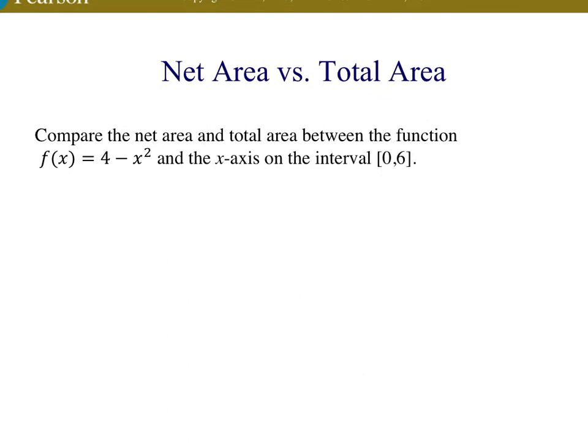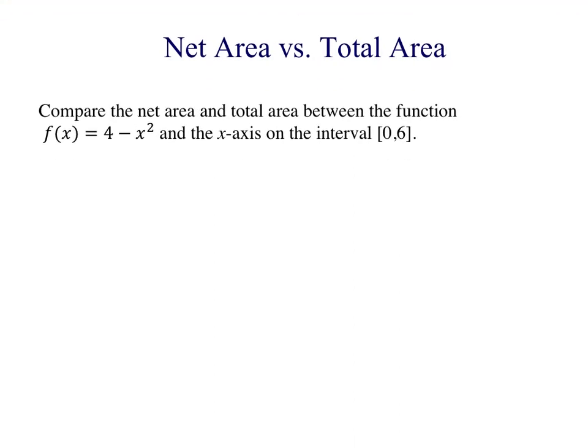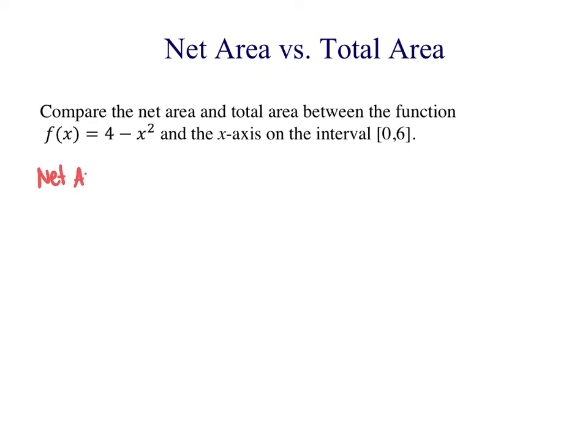So compare the net area and the total area between the function, the parabola, and the x-axis on 0 to 6. Okay, net. Net area is simply the straight integral from 0 to 6 of 4 minus x squared dx.